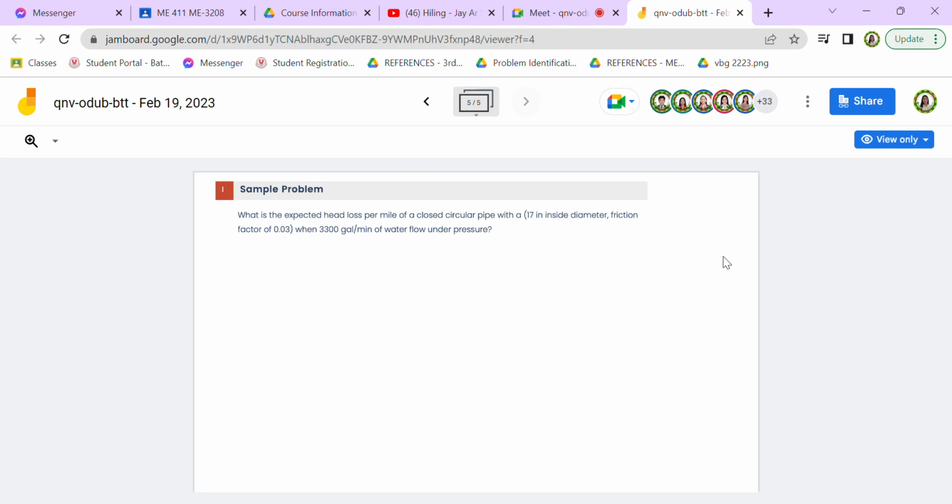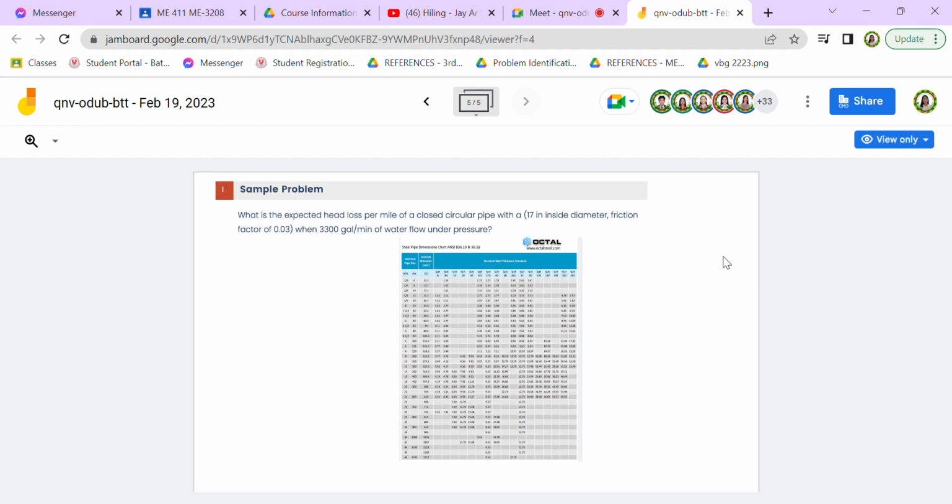Then konting trivia lang din when we discuss about the pipe. In reality, wala naman talagang 17 inches pipe. So I'll just share here some table regarding the pipe schedule.